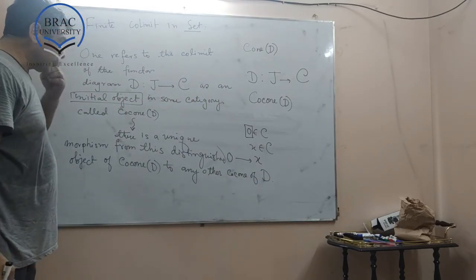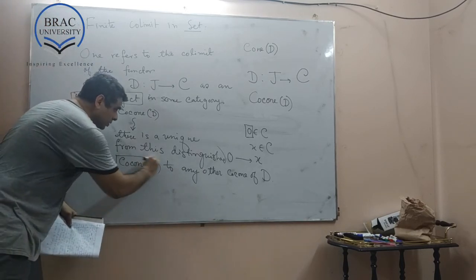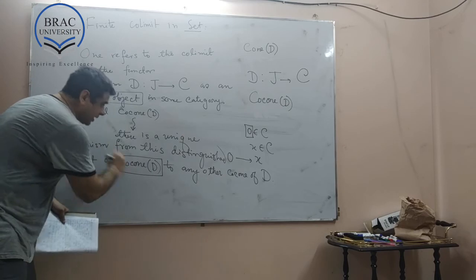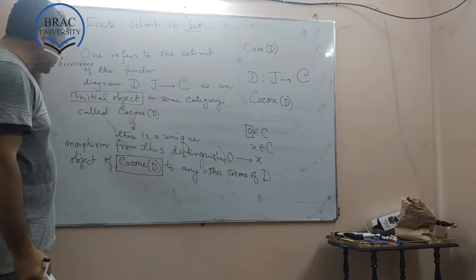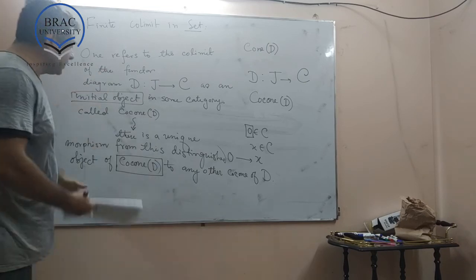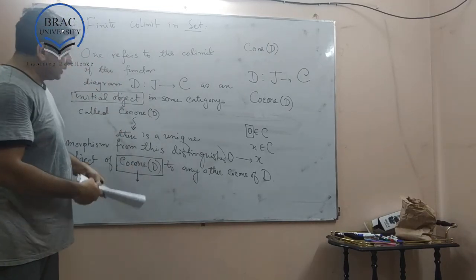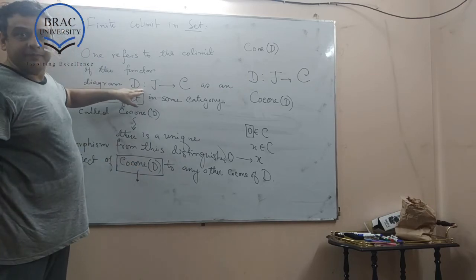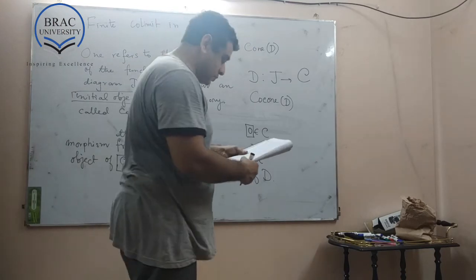So this is the category, and in this category, the initial object is precisely the colimit of the diagram functor that we are considering. Okay. All right.